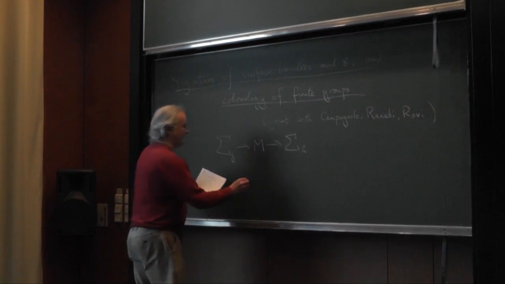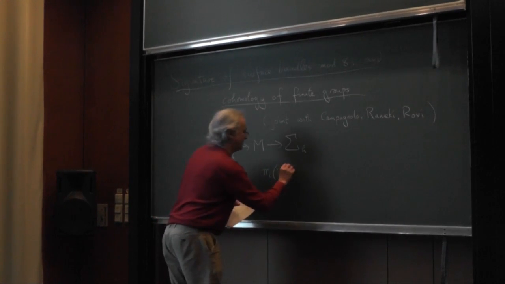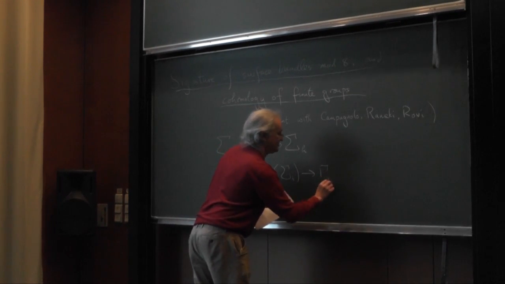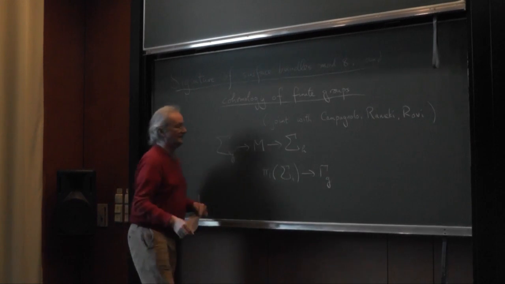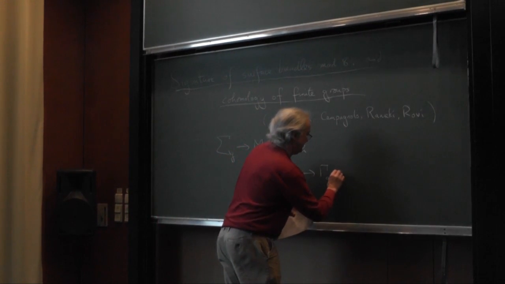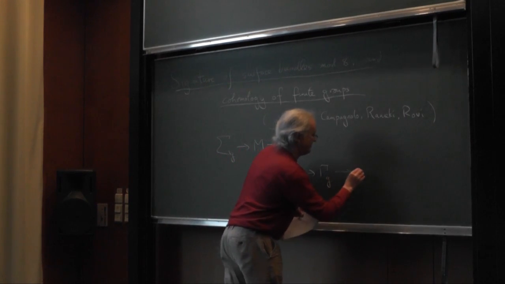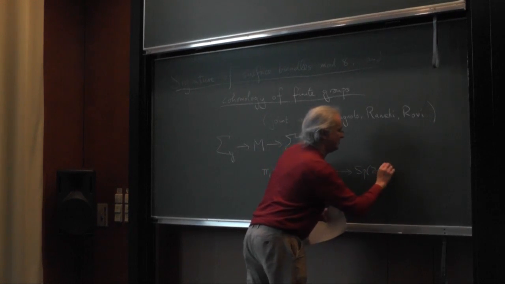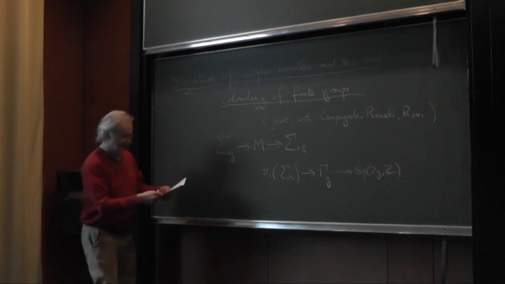So associated with this, there's a map from pi1 of sigma H to the mapping class group of genus G, which is just the Diff plus of this modulo isotopy. And then there's an obvious map of this to Sp_2g(Z), or of R, whichever you prefer.